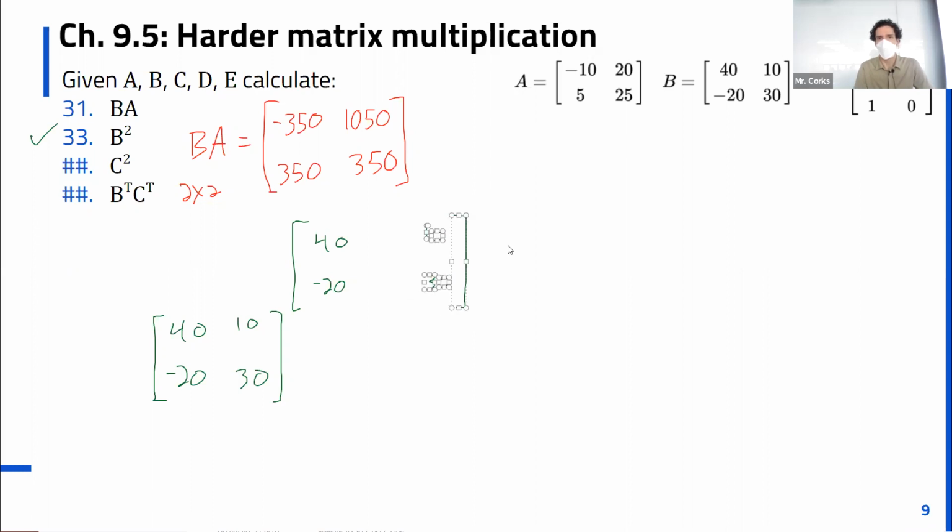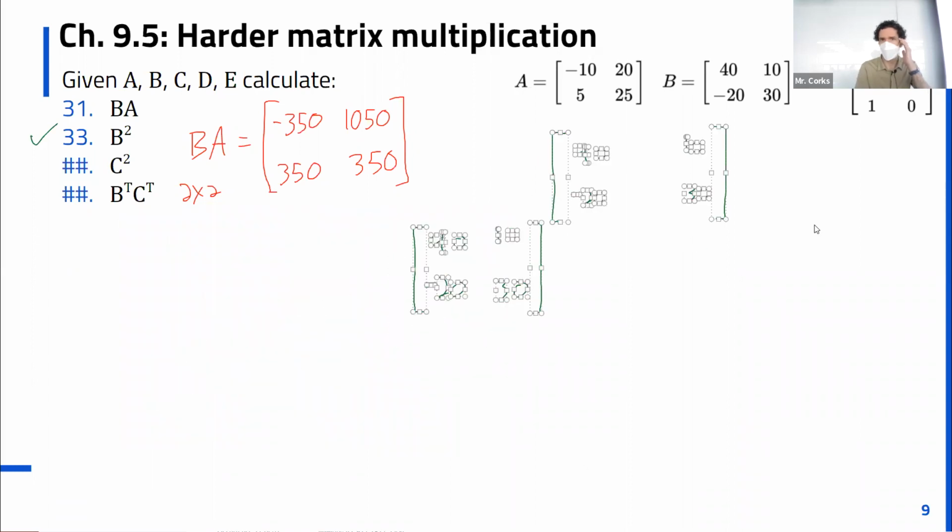Maybe move this over a bit. I'll move this up a bit as well. All right, so first position here, what do we have? What plus what? 1,600 minus 200. Okay, next position. 400 plus 300.